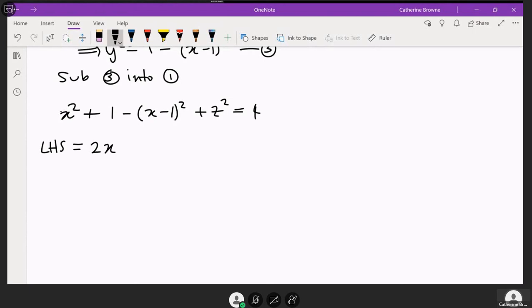The ones will cancel, and then we're also left with this z squared. So that's if you expand this and simplify.